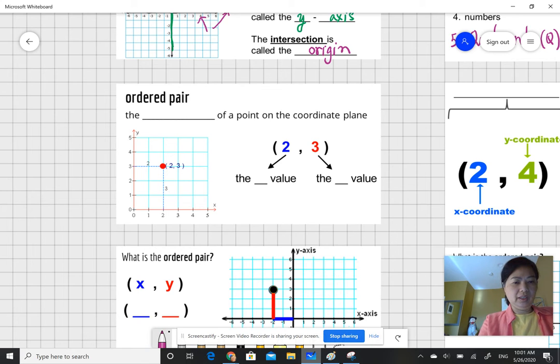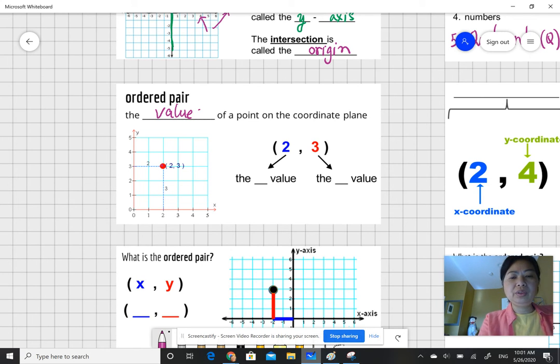Then you can see a lot of different points on the coordinate plane, and each point, like this red point, is an ordered pair. Pair means 2, right? The ordered pair is the value of a point on the coordinate plane.